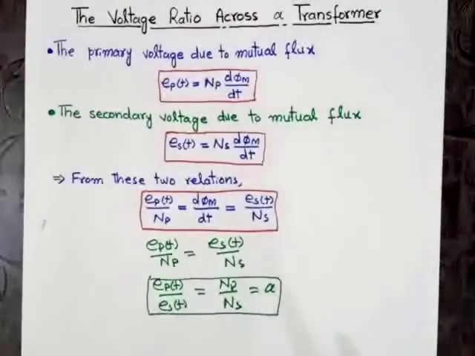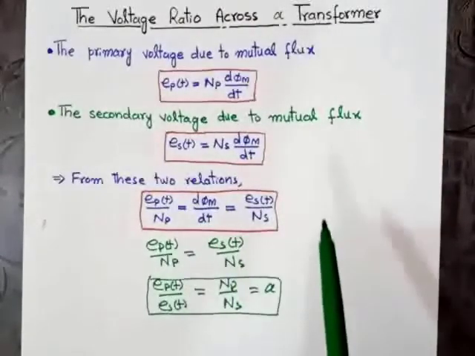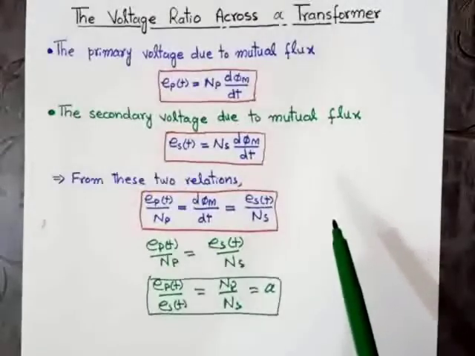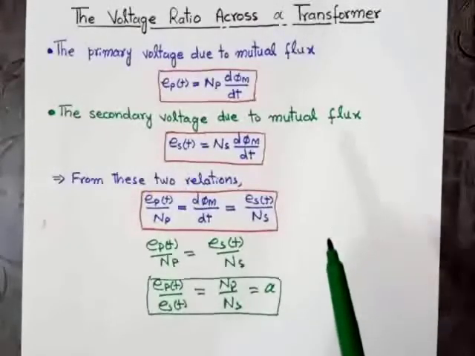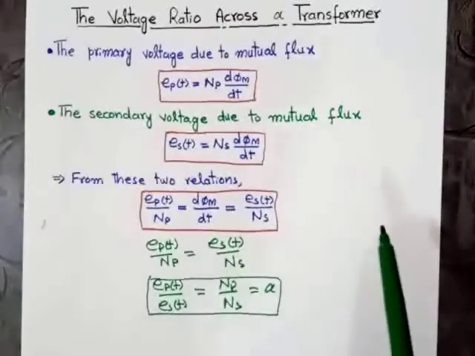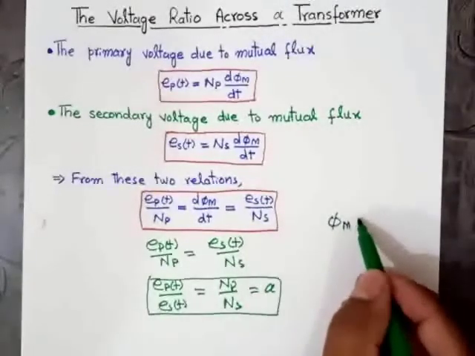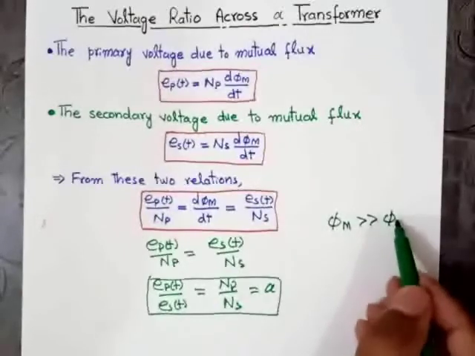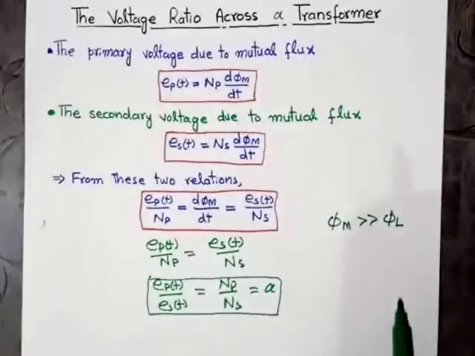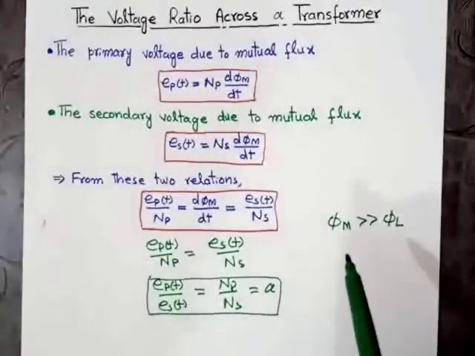Here we are not using the leakage flux, because the mutual flux is very much greater than the leakage flux. Due to this, we can ignore the leakage flux, and the voltage is induced only due to the mutual flux.